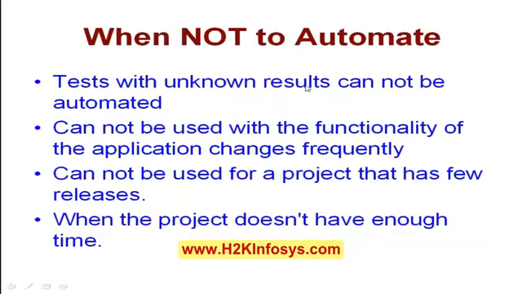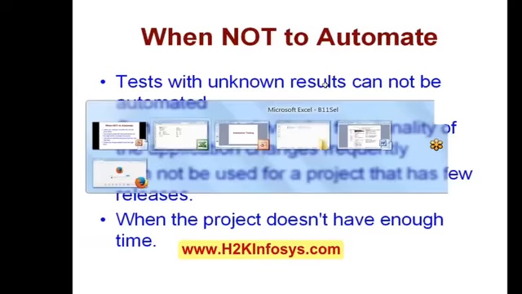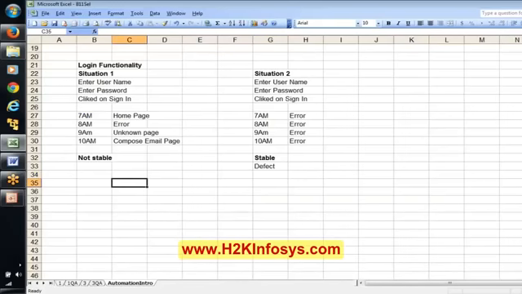This slide is basically talking about when we should not go for automation. Say we have 1000 test cases. It's not that when we want to go for automation, we are going to automate all the 1000 test cases. Say, for example, we have a banking application, say Citibank, with 1000 test cases.